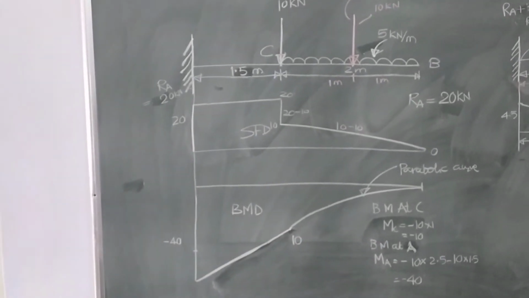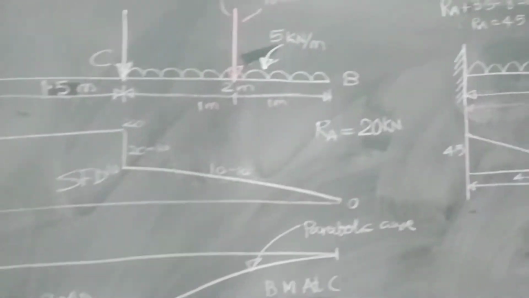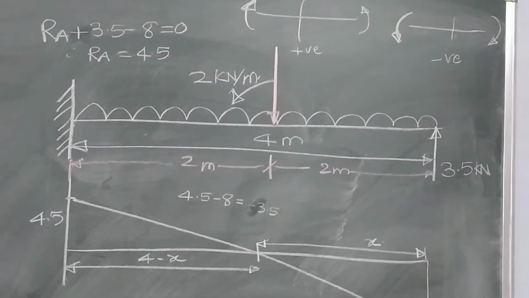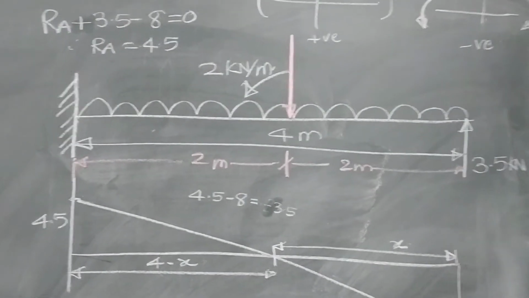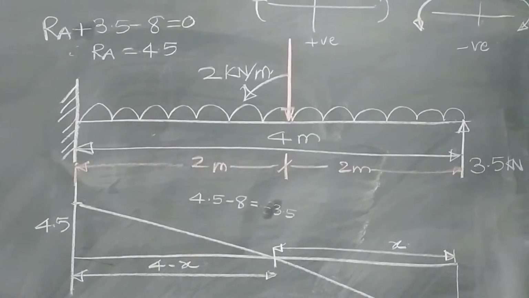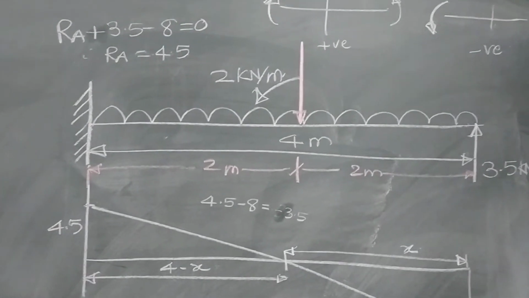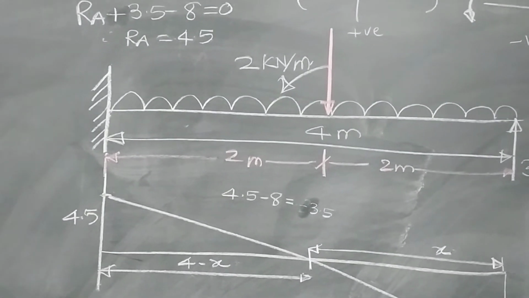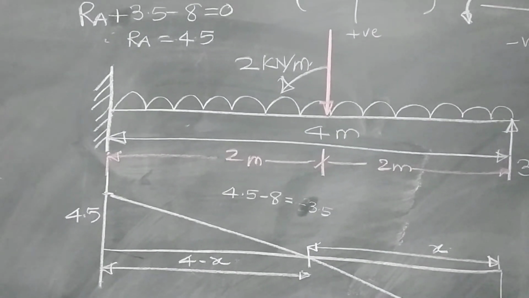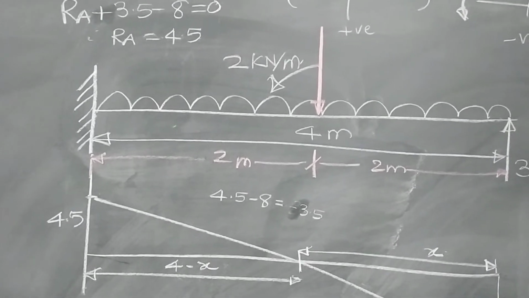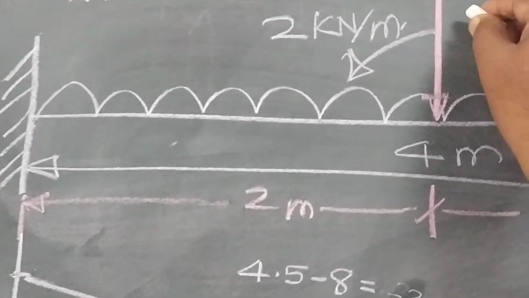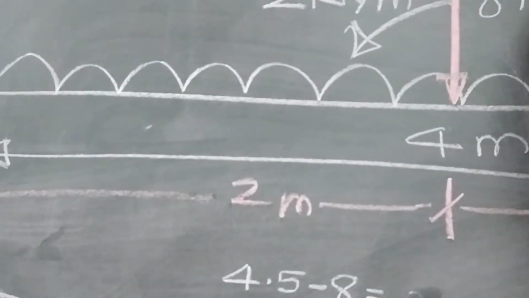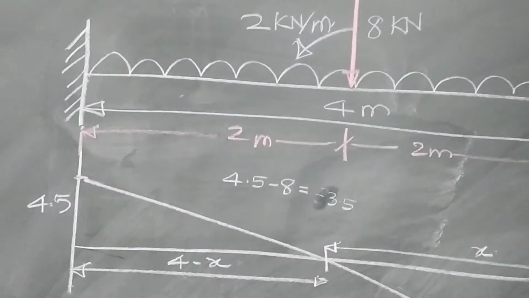Let us solve one more peculiar example. This is a cantilever beam which is having throughout span UDL for entire span of 4 meter. Intensity of UDL is nothing but 2 kilonewton per meter for 4 meter span. So, equivalent point load will be 2 into 4, 8 kilonewton.